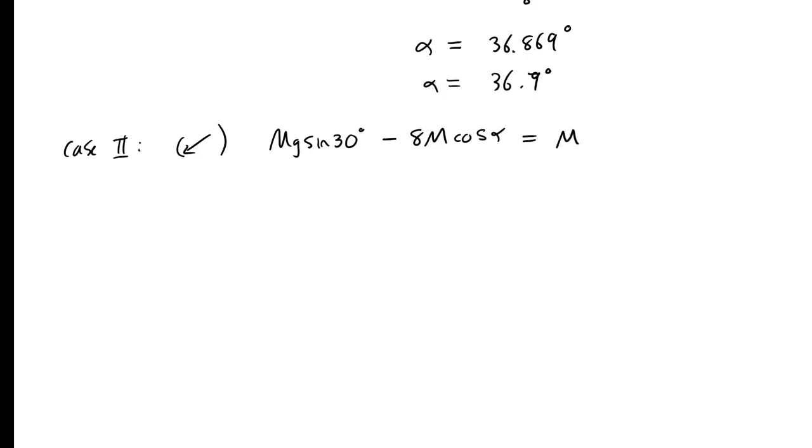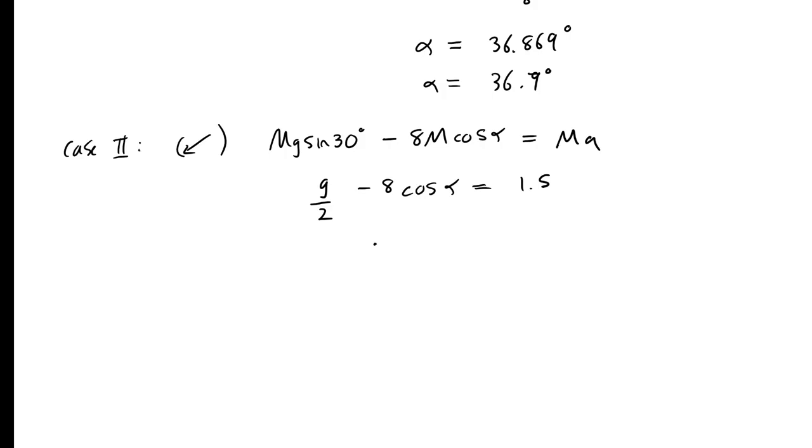And then that's equal to ma. Again, the m's go, and sine 30 is 1/2. So we have g over 2 minus 8 cos alpha is equal to acceleration. And we know the acceleration is 1.5 meters per second squared. It's the same value, it's just only the direction has been changed.